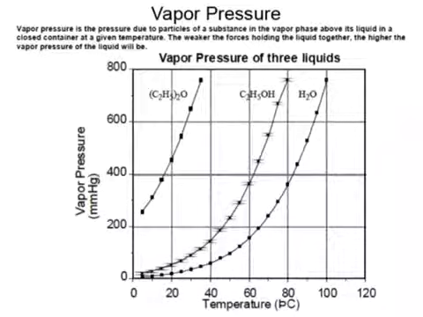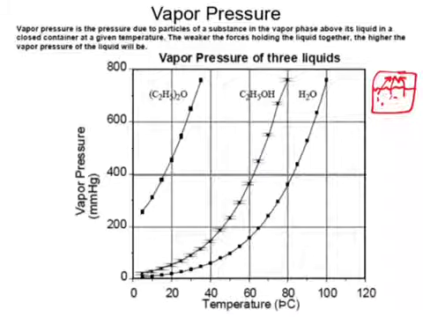So if I have this liquid here in a closed container, some of these particles are going to get enough kinetic energy and come out of solution, go into the gas phase, and when they do that, they're going to exert some pressure upon the liquid that's below it.